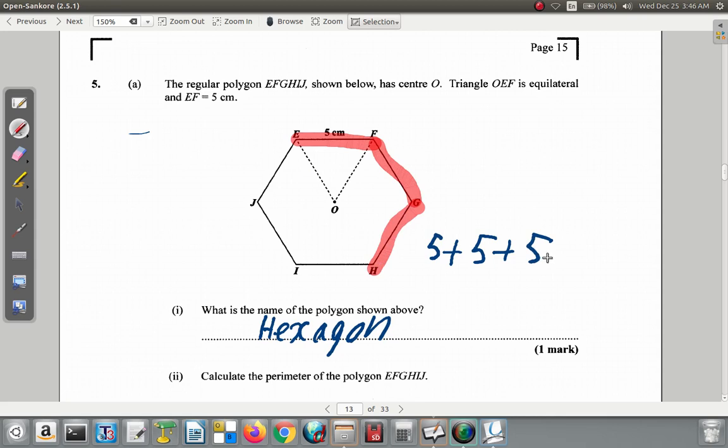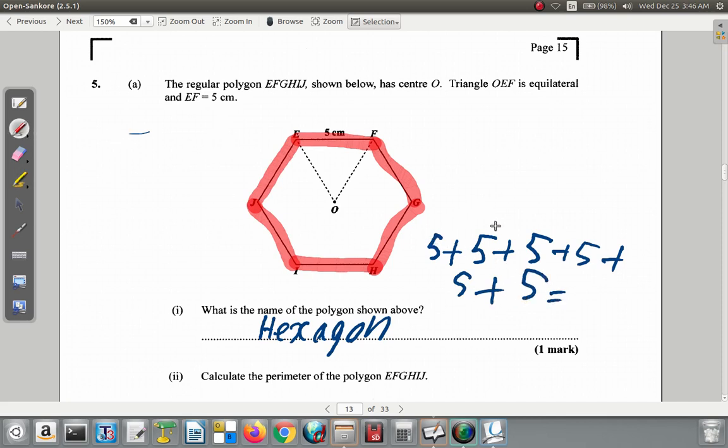Now you realize that you have a short way of doing this, but for this purpose, let's just finish this off. Plus, then you have this side, so you have 5 plus, then you have this side here, that's another 5, plus, then you have the 6th side. All sides are counted for now.